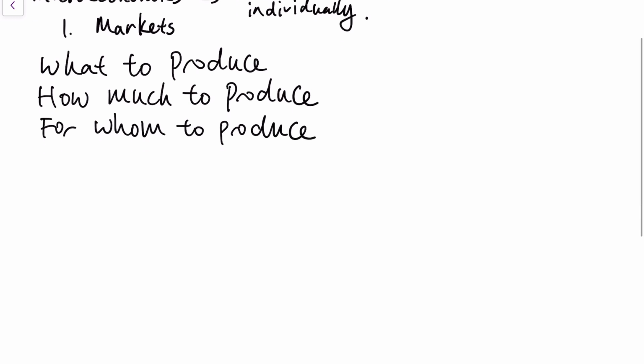That's the three basic questions. And there are different ways to answer these questions. In a planned socialist economy, this is determined by the government. In a free market economy, this is determined by the markets. So essentially, the role of market is to answer these three questions. And that's why we want to study them.